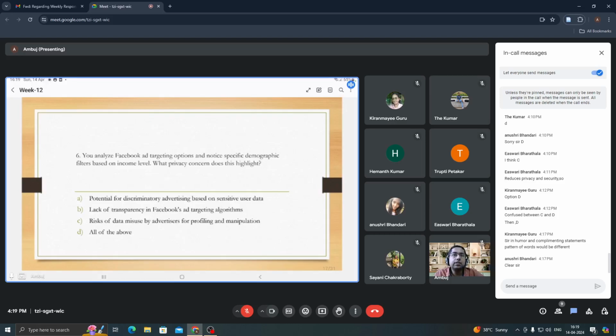What privacy concern does this highlight? A, potential for discriminatory advertising based on sensitive user data. B, lack of transparency in Facebook's ad targeting algorithms. C, risks of data misuse by advertisers for profiling and manipulation. Or option D, all of the above. Try to answer this question.